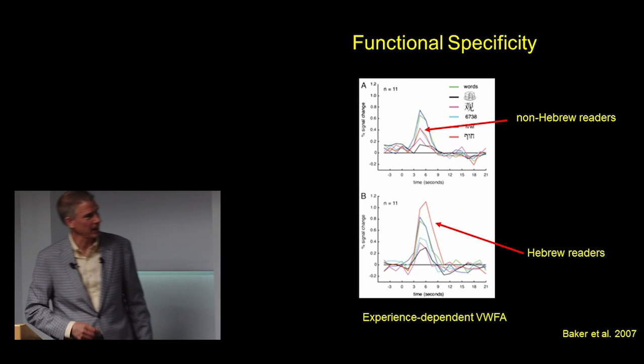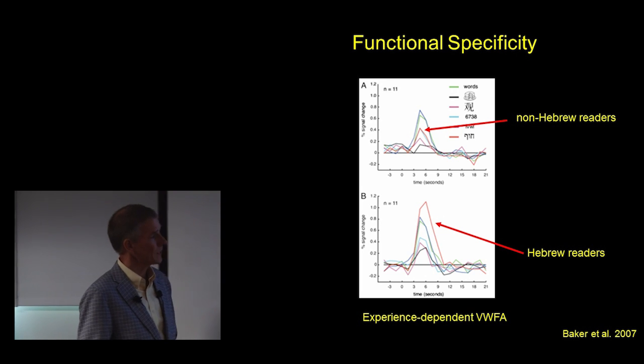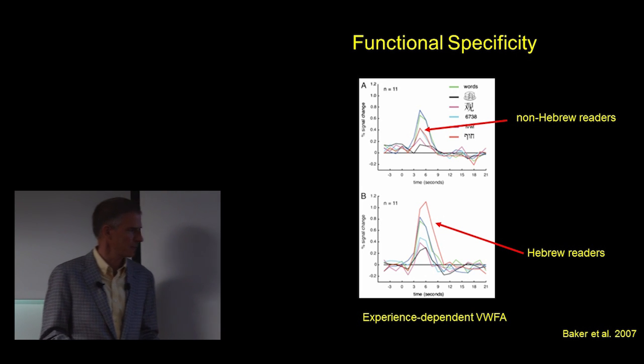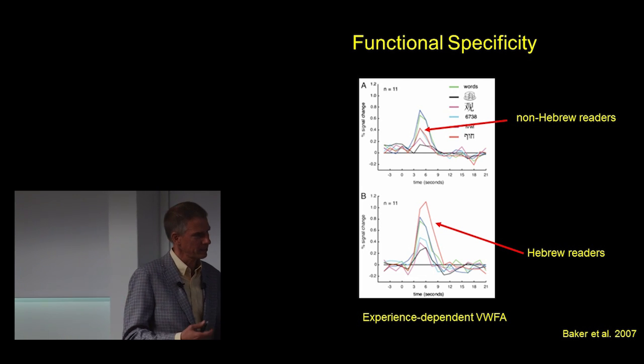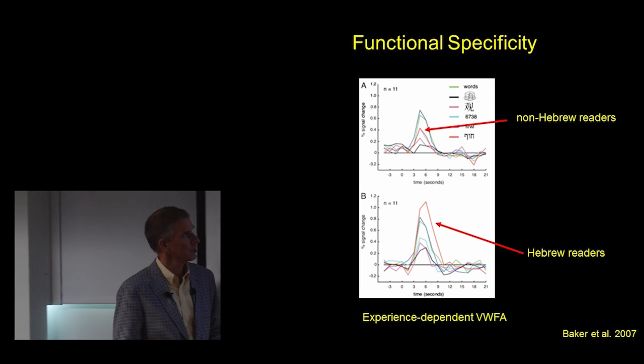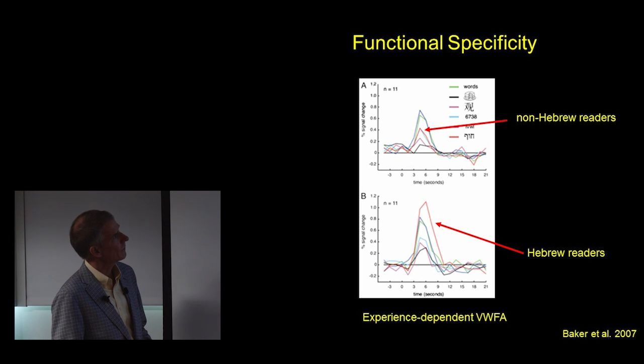And Nancy Kanwisher, in fact, from her lab, we also know that this area depends on experience. It makes perfect sense, right? We only have language a couple of thousand years, so it's unlikely that there's a gene for it specifically. So here you have a bunch of MIT undergrads, none of whom is a Hebrew reader.